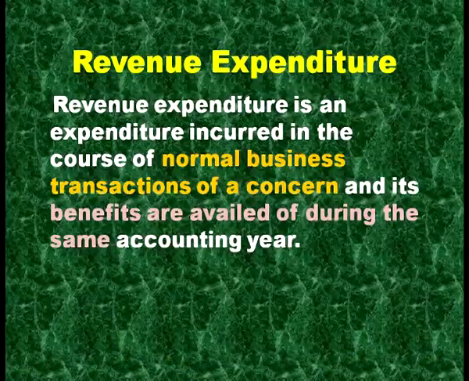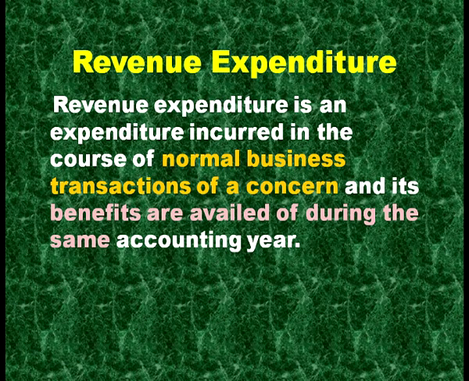Now, let us see what is revenue expenditure. Revenue expenditure is an expenditure incurred in the course of normal business transactions of a concern, and its benefits are availed of during the same accounting year. This is the most important point. The benefits will be used within that particular accounting year.